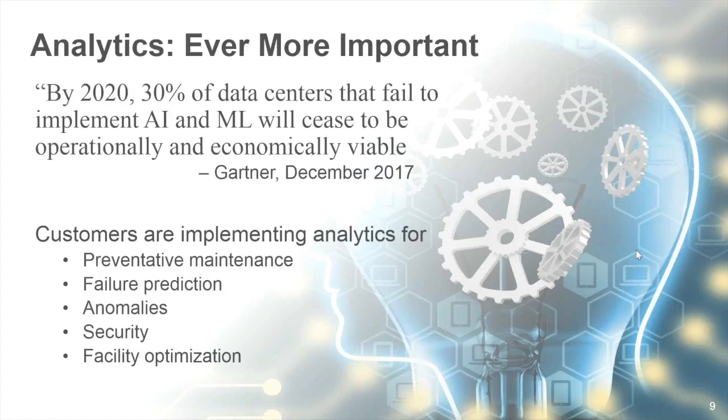So today, where are customers implementing analytics? There's a couple of key areas. There's always going to be preventative maintenance and failure prediction. And on the next slide, we'll talk about this in just a little bit more, because analytics provides just a whole different aperture into the kinds of maintenance and prediction that we can perform. But then there's also anomalies.